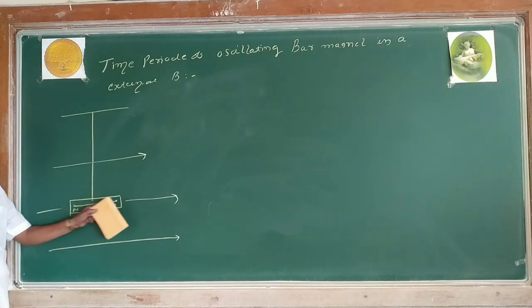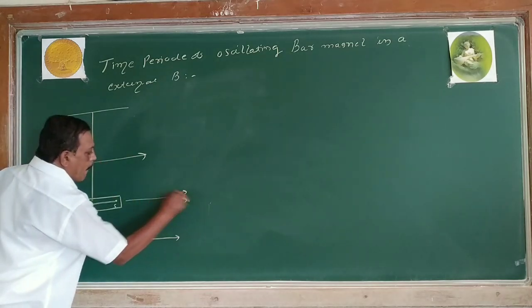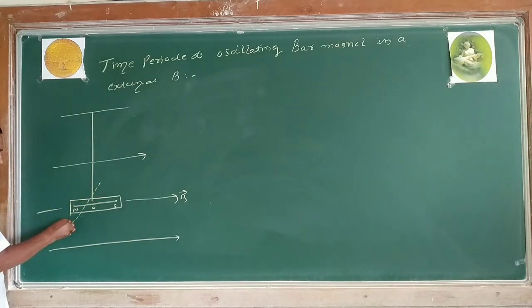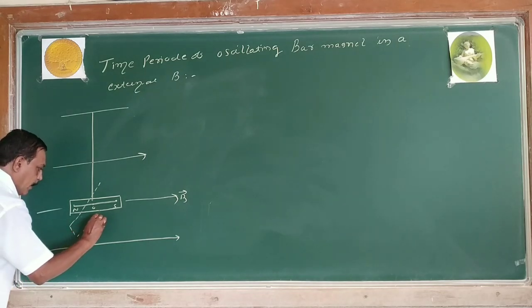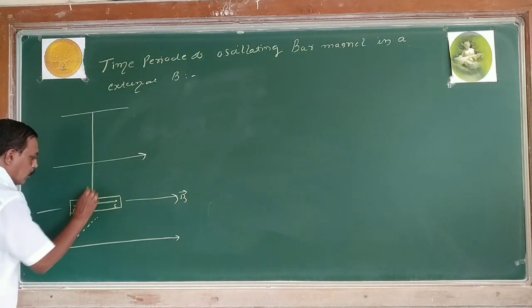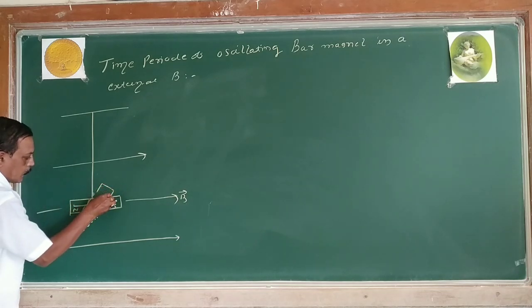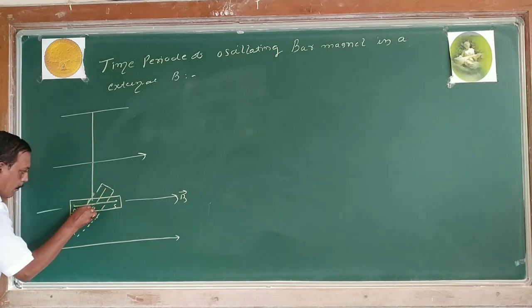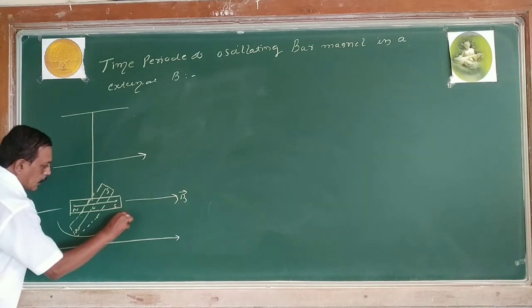When the bar magnet is suspended in the region of an external magnetic field, it oscillates about its axis again and again. When it oscillates again and again about its axis, it is called simple harmonic motion. This is north, south, this is the oscillating condition.